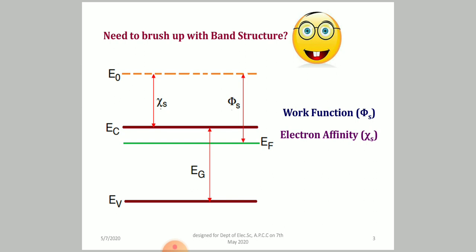The difference comes: both are liberation of an electron, and in both cases it will reach the vacuum level, but in one case the journey is restricted between conduction band and vacuum, and in another case it is restricted between Fermi level and vacuum.